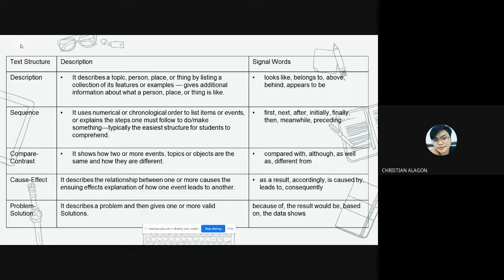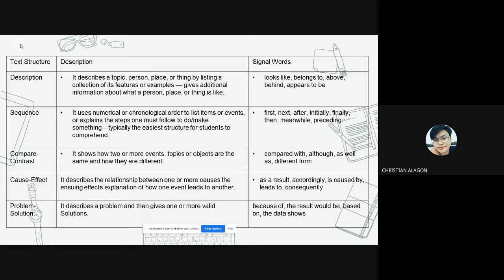The signal words are because of, the result would be, based on, and the data shows. Those are the types of expository text: description, sequence, compare and contrast, cause and effect, and problem and solution.